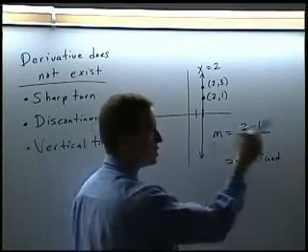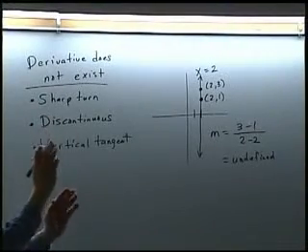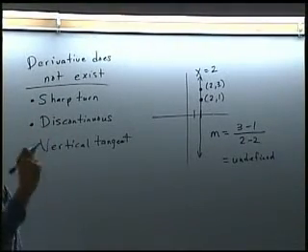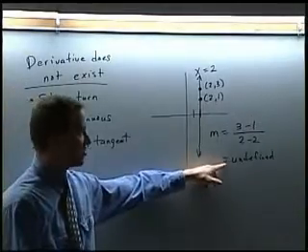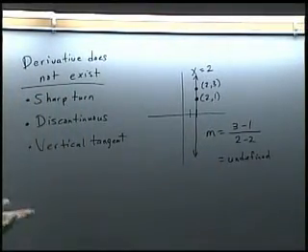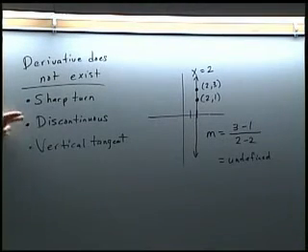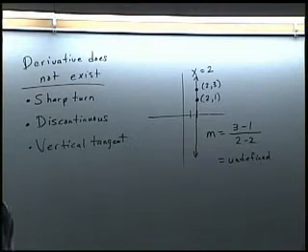And that's the situation we have with the vertical tangent. If we have a graph that gets so steep that it's going straight up and down at some point, then we say that the slope is undefined, which means therefore that the derivative cannot exist at that point. So these are three places where a derivative may not exist for a particular function.